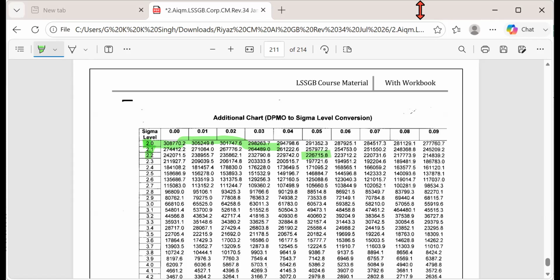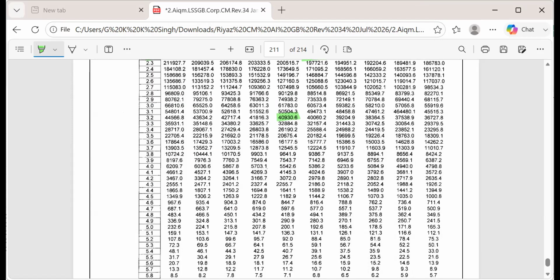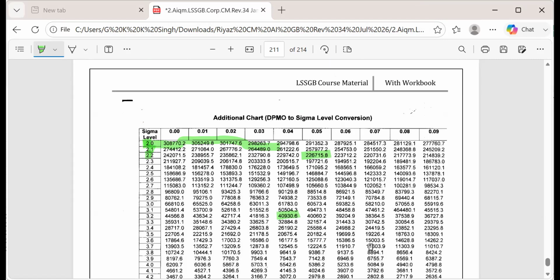What is the DPMO for sigma level 3.24? 41,816. So 3.20, 3.21, 3.22, 3.23, 3.24. 41,816. Yes. Okay. Now what is the DPMO for sigma level say 4.28?